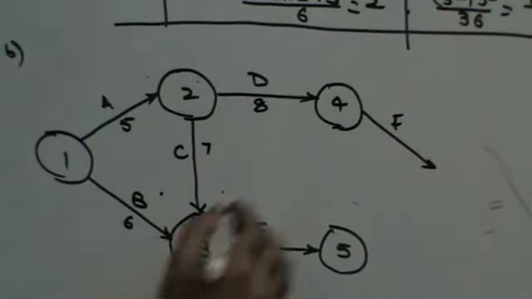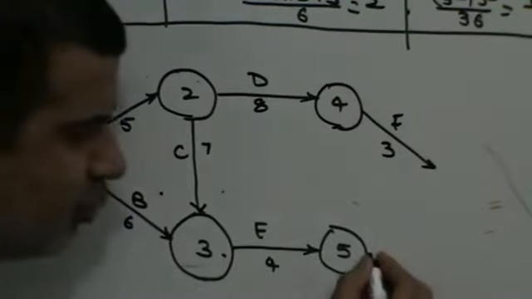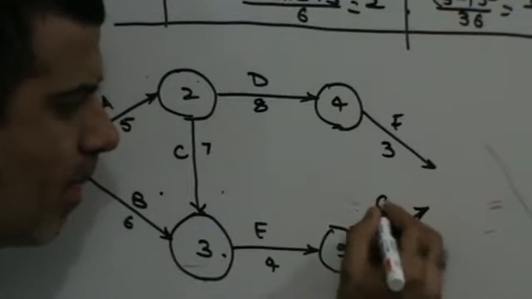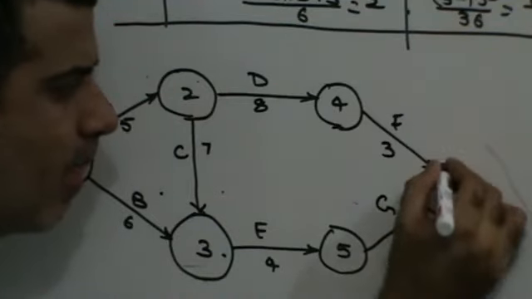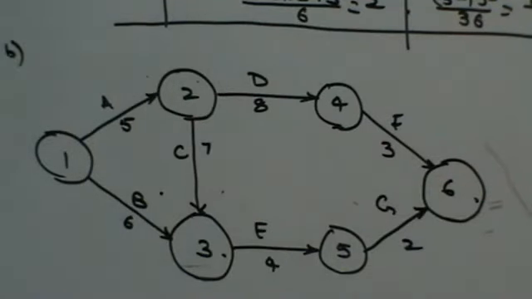D goes to F, which is 3 days, and E goes to G, which is 2 days. So this is my 6. That will be my network diagram. Simple, straightforward network diagram.